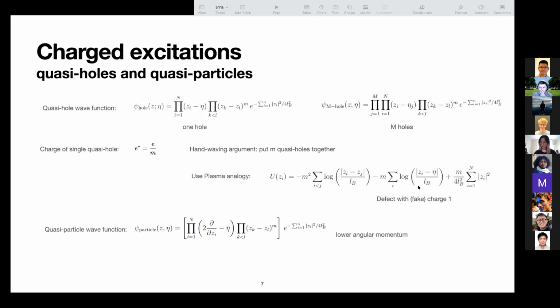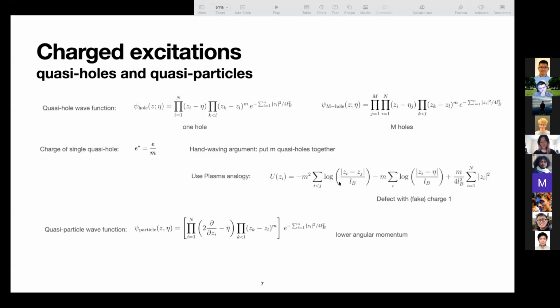So, as we said before, the whole purpose of this plasma is that it wants to be neutral. So if I have a defect with charge 1, then all the particles will want to screen this fake charge.